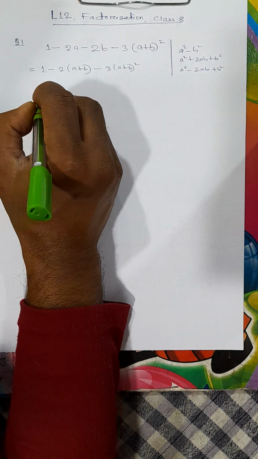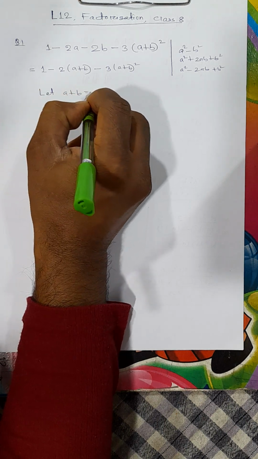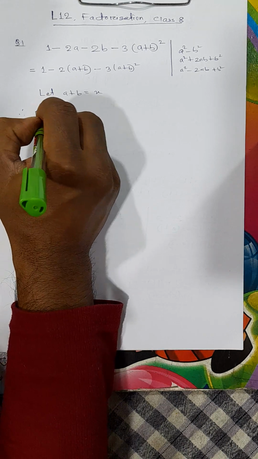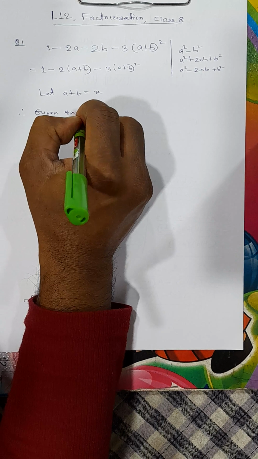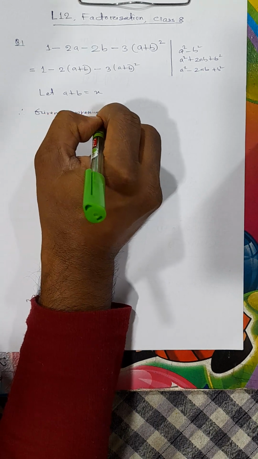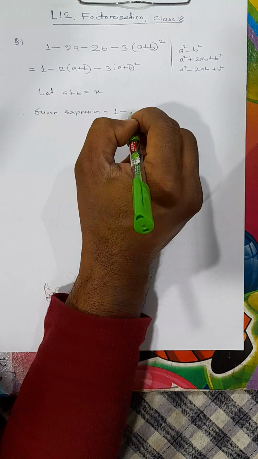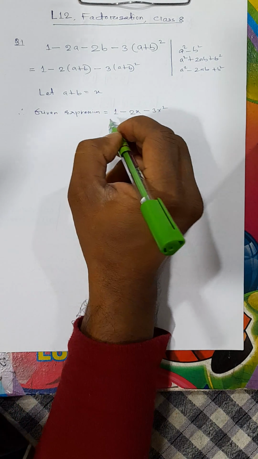So let us assume that a plus b equals x. Therefore, the given algebraic expression equals 1 minus twice of x minus 3x square, right?